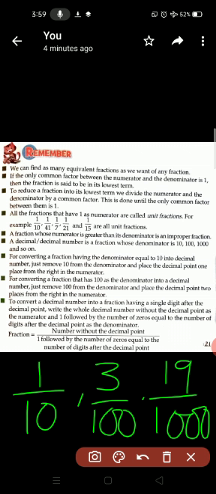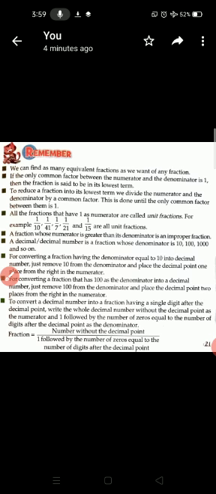For converting a fraction having the denominator equal to 10 into a decimal number, just remove 10 from the denominator and place the decimal point one place from the right in the numerator.